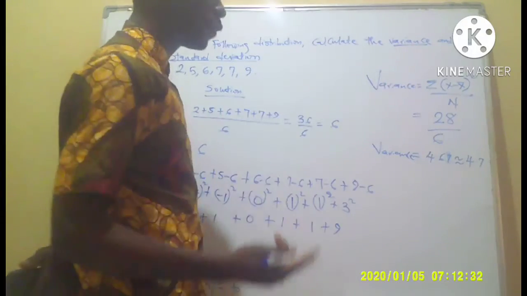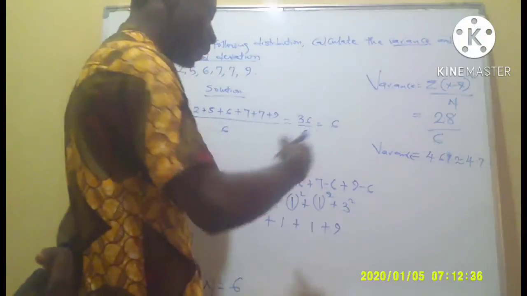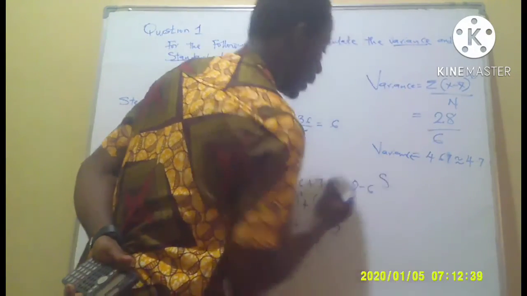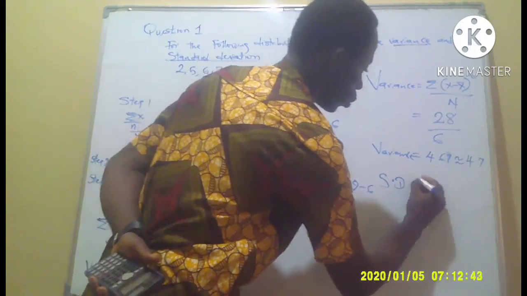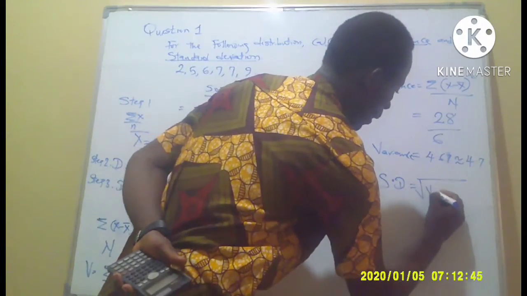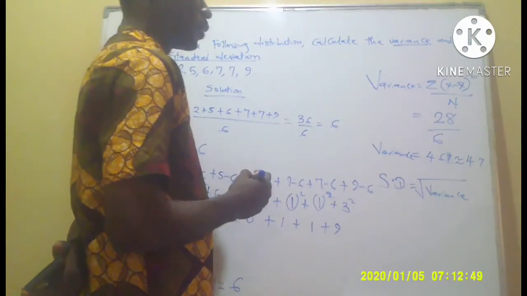So what is the standard deviation? Remember, standard deviation is the square root of the variance. So SD is equal to the square root of variance. What is our variance?